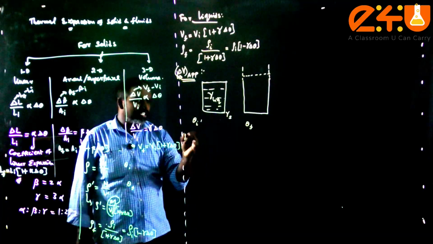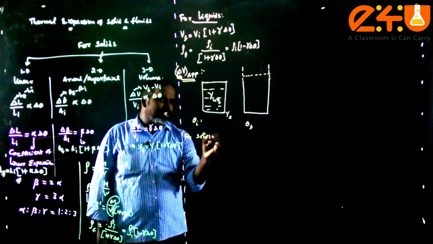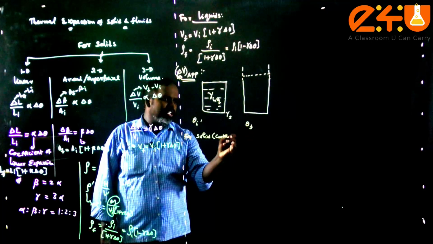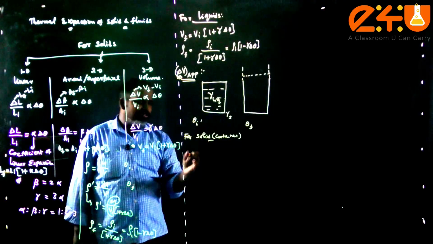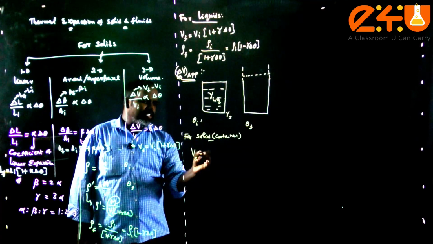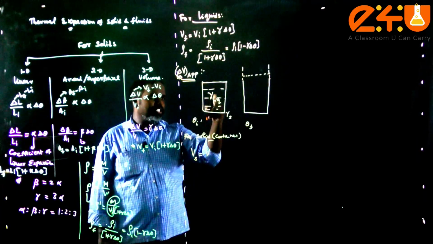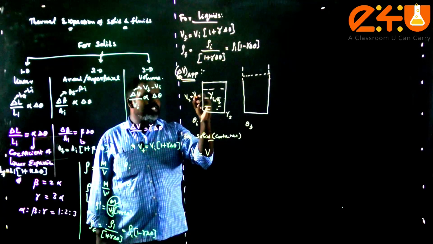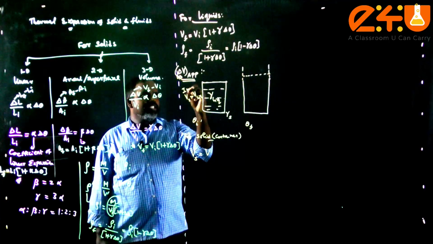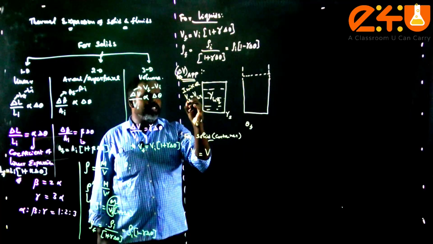Therefore, I can write that for a solid container the corresponding volume V solid is equal to the initial volume. Since the initial volume is the same here, V solid is equal to V liquid initially, and the initial value is say V naught.